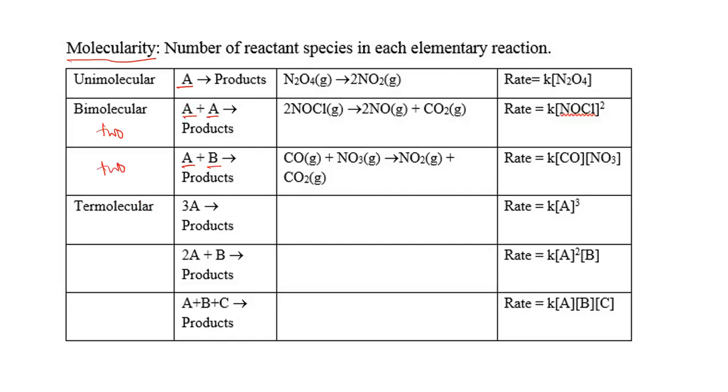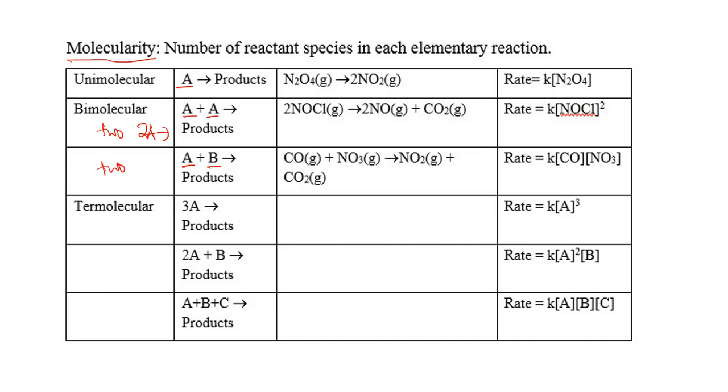But you can see here, these are two similar species, so we can write them as 2A to give you something. So 2A is also bimolecular because we have two similar species. While here, you cannot write these as 2A. They are A plus B.